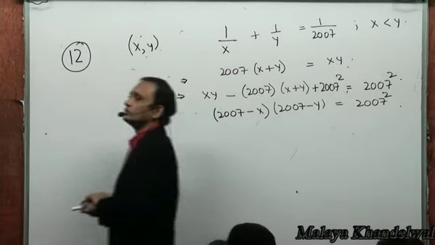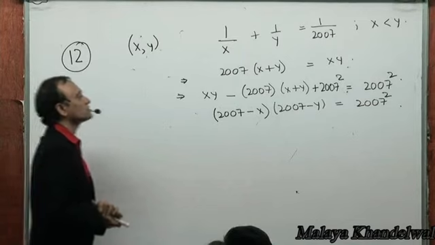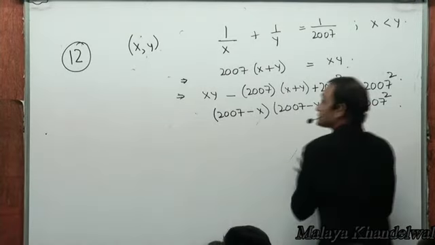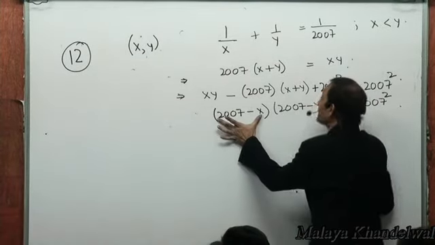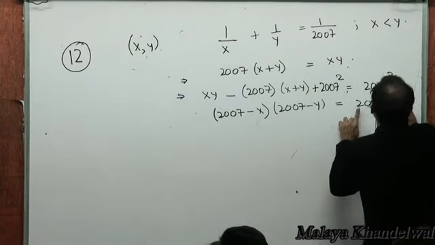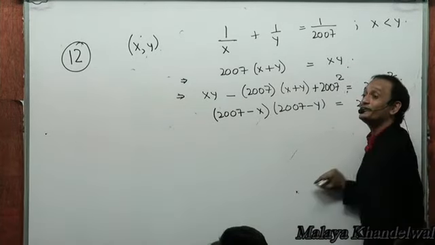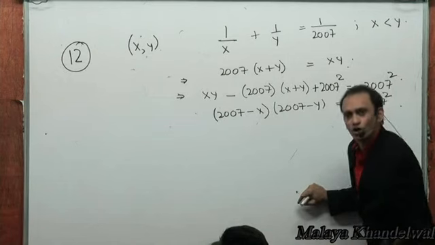Now, see, which means 2007 − x and 2007 − y must be divisors of 2007 squared. Yes or no?